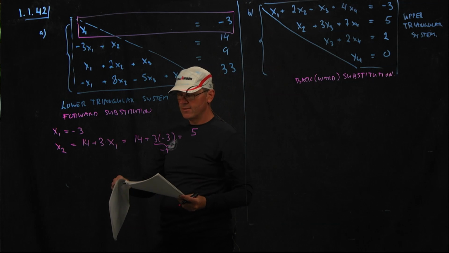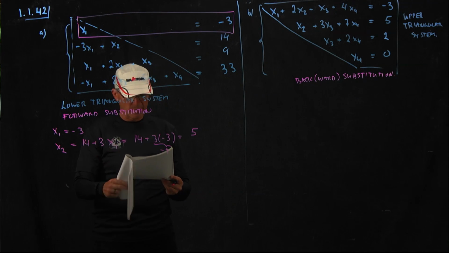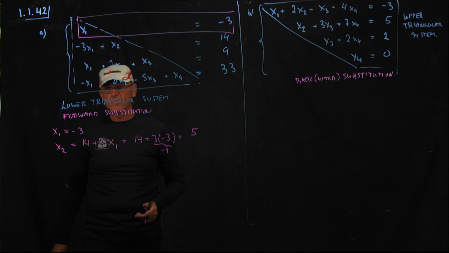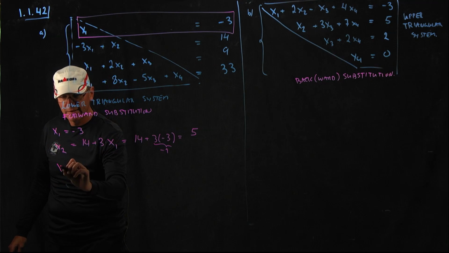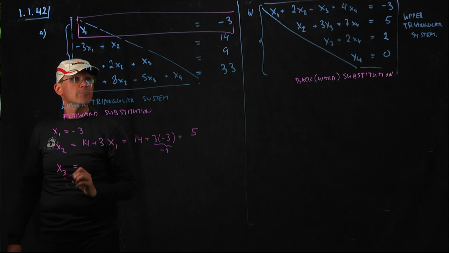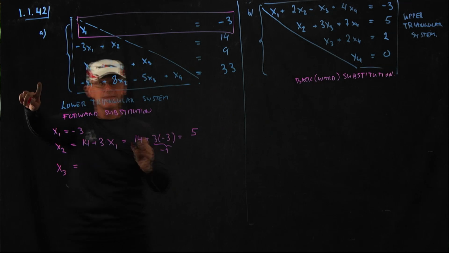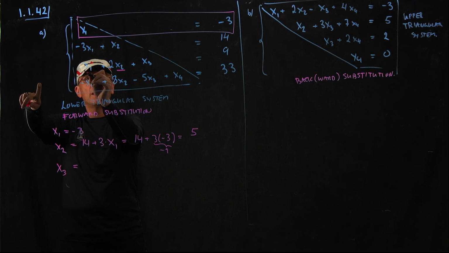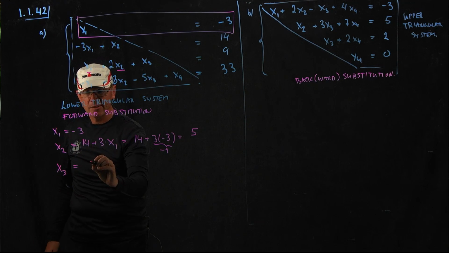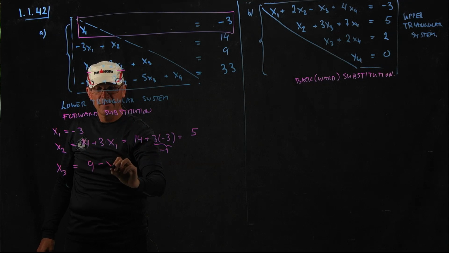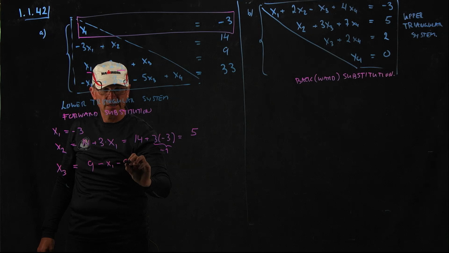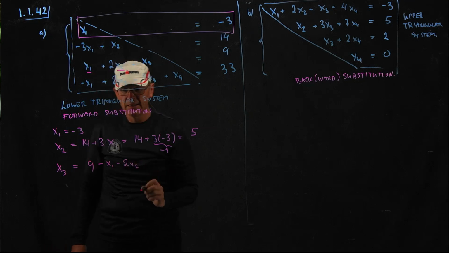I'm going to check my notes so I agree with myself, so things don't get out of control. So my notes agree. x3, we go to the third equation, x2 and x1 are now known, right? So we have 9, subtract x1, subtract 2x2.